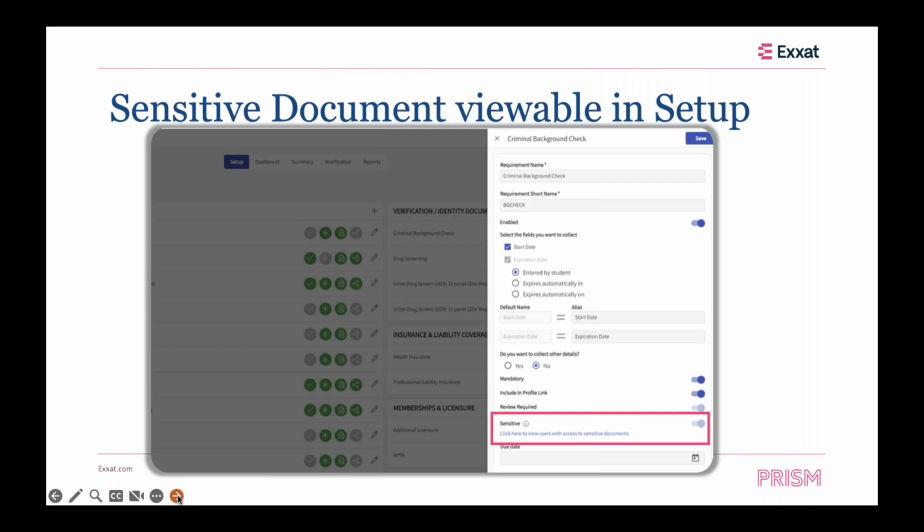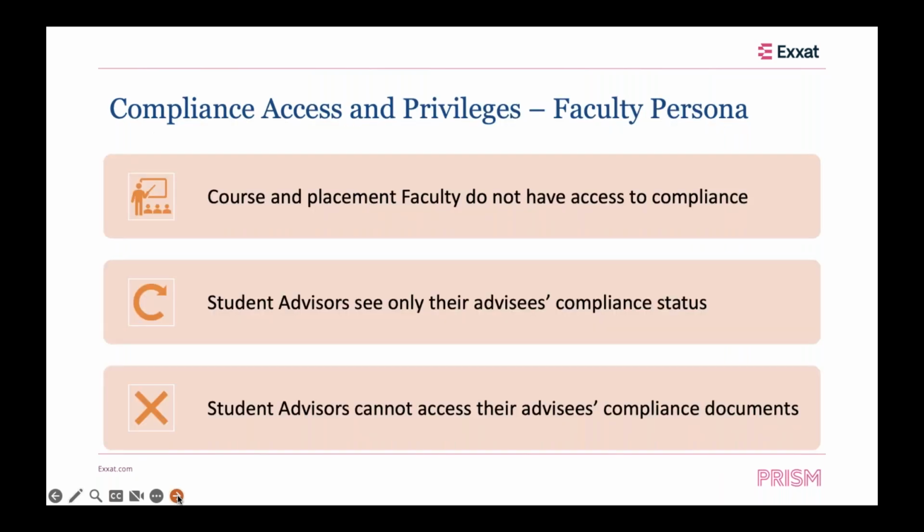What you can also do is click on the link below and see which users have access to those sensitive documents. By default, no users will have access, and we have to explicitly give access for sensitive documents to people. So that's the difference between a sensitive document versus others. Others by default, basically everybody has access. Here we assume that nobody ideally should have access unless you explicitly tell us. So this is how access levels are controlled for compliance for administrators.